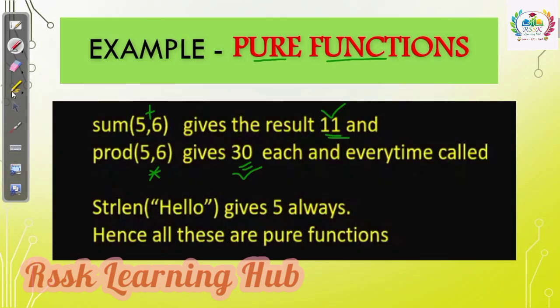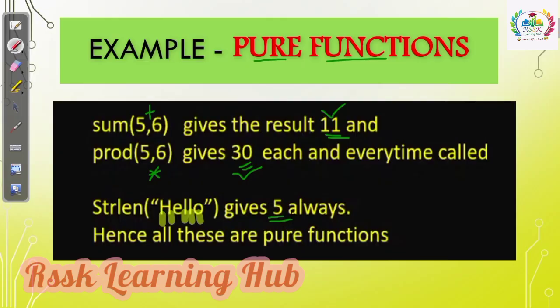Okay, now see this one. String length, STRLEN means what? String length. Here inside it you have hello. So what is the string here? Hello is the string. What is the length of the string? How will you calculate it? H, E 2, L 3, again one more L 4, O 5. So the output is 5, the length of the string.